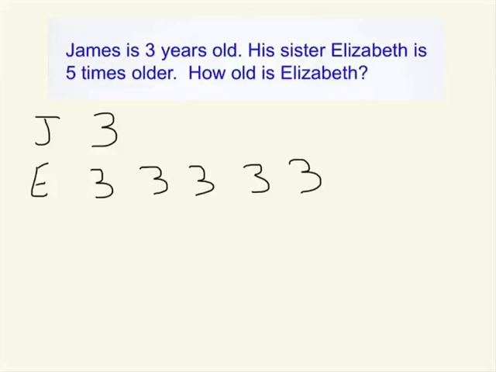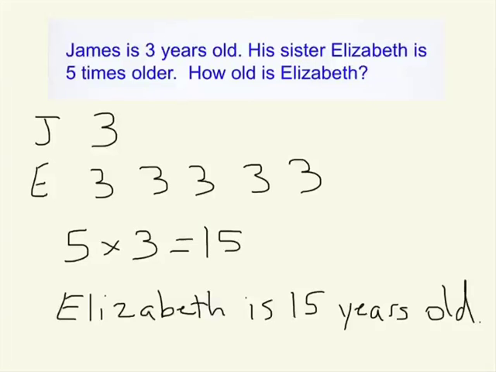And then I can use that information below, since I just said 5 times older, or 5 groups of 3, and I'm going to write 5 times 3, or 5 groups of 3, which equals 15. So I know that Elizabeth is 15 years old.